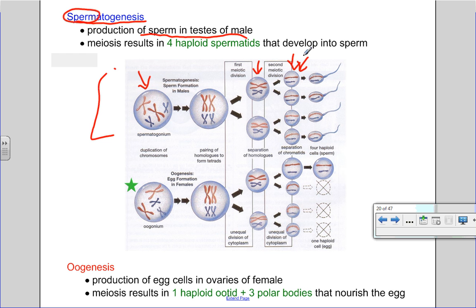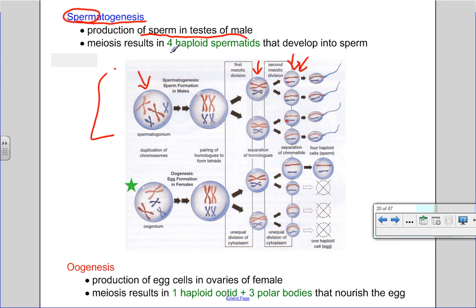And what it's not showing in this particular diagram is that there would be maybe bits of red on this chromosome or bits of red on this chromosome, so that all 4 would be unique. All 4 are different because of crossing over and random assortment.